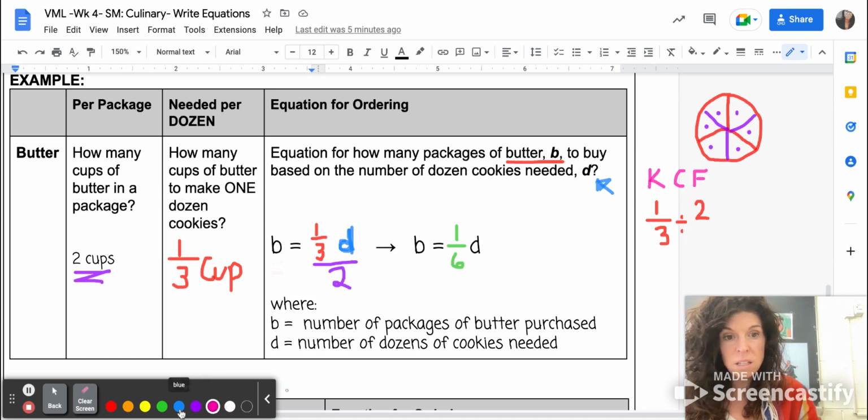We're going to pretend that this 2 is over 1. And we're going to keep the first fraction. The first fraction is going to stay the same, 1/3. We're going to change the sign. Instead of division, we're going to multiply. Change that sign. That's the C. And then flip, we're going to flip that second fraction. So instead of 2 over 1, we're going to do 1 over 2.